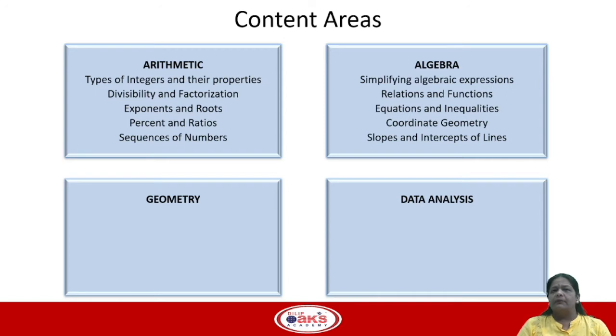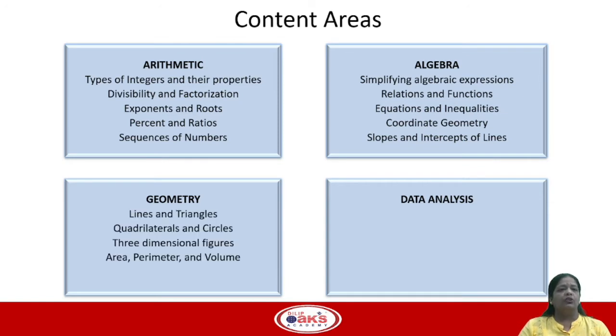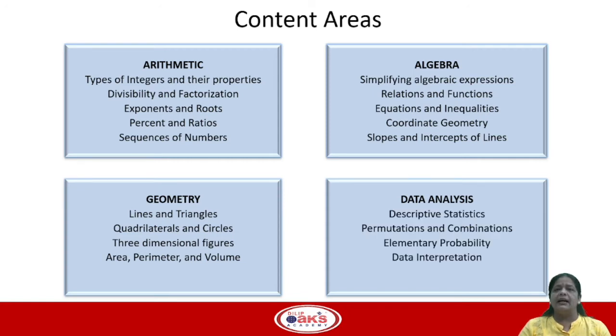In algebra, simplifying algebraic expressions, relations and functions, equations and inequalities, coordinate geometry, slopes and intercepts of lines. In geometry, lines, triangles, quadrilaterals, circles, 3-dimensional figures and the formulae related to area, perimeter and volume for all these figures. Data analysis. This will include descriptive statistics, permutations and combinations, elementary probability and data interpretation.